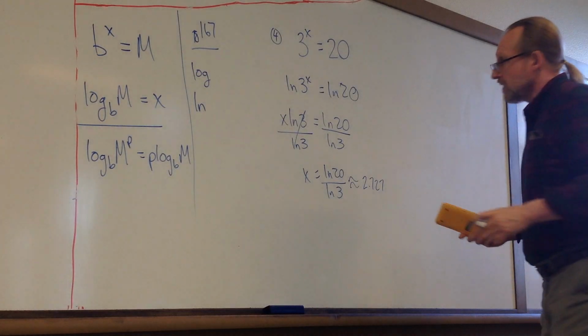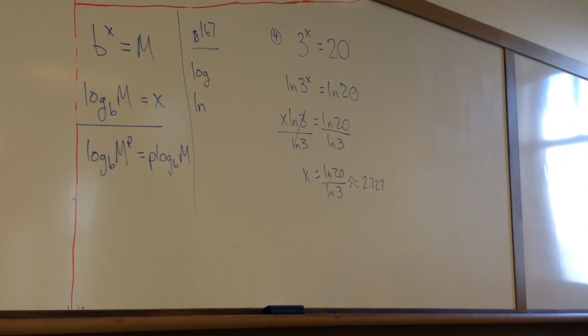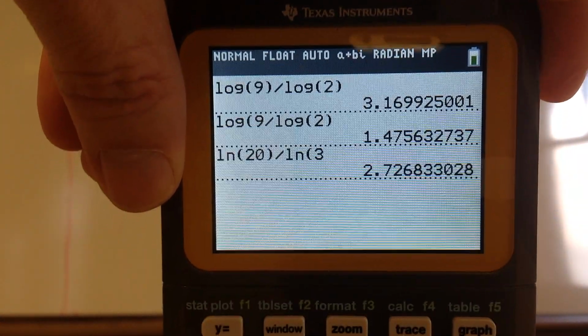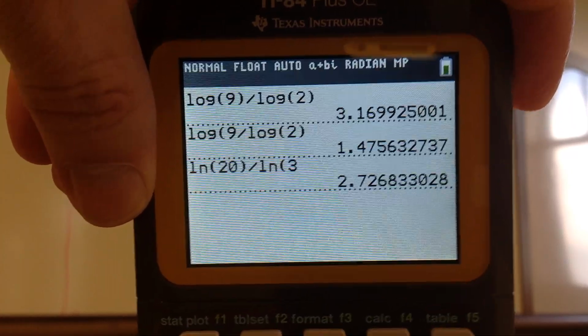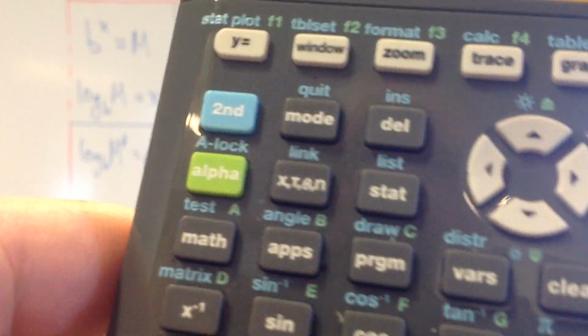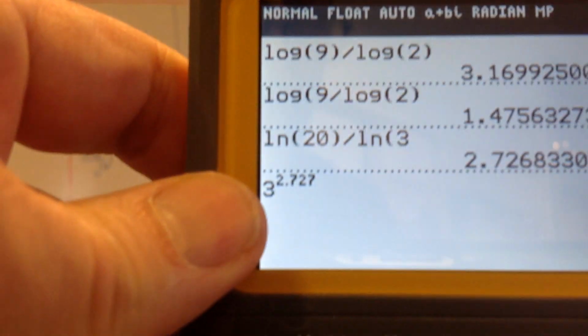And we can check the answer if we want to. Let's take a look at it, all right? So there's our calculation, ln 20 divided by ln 3. And so if we want to check this out, we can do 3 raised to the 2.727 power.